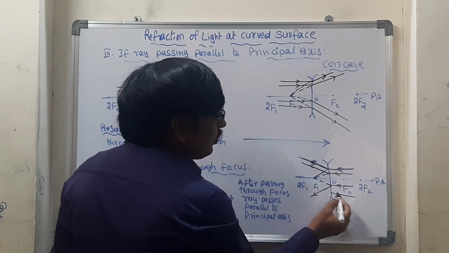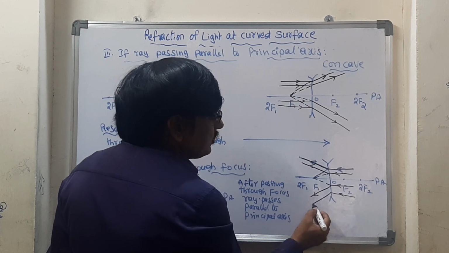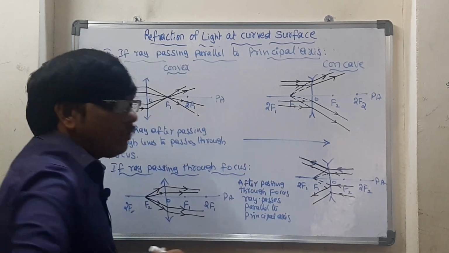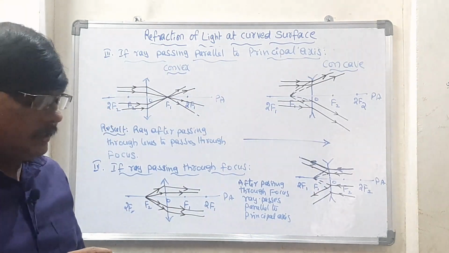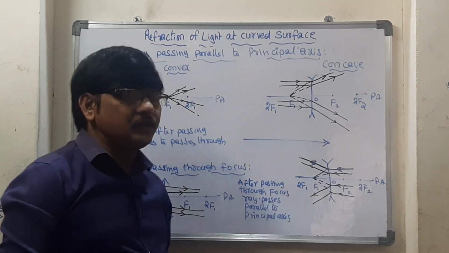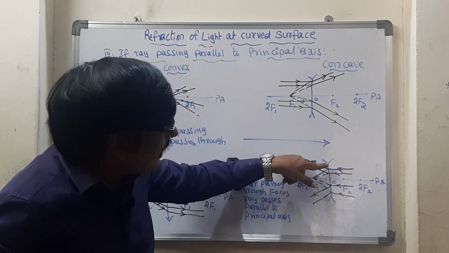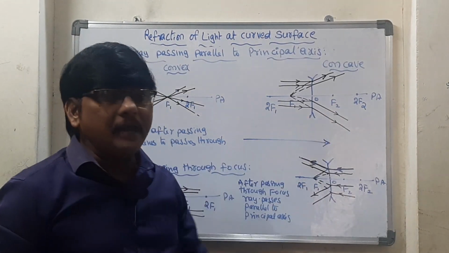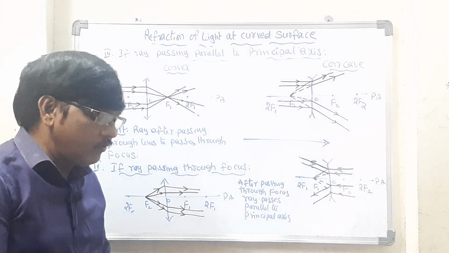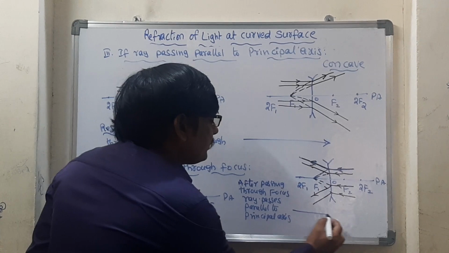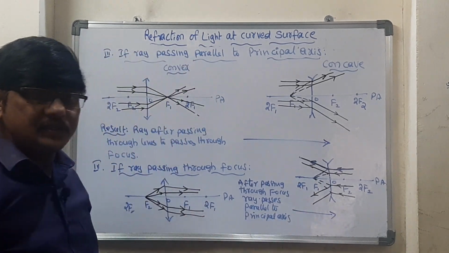Let us take one more ray here also, and we get the duplicate here. So what is the conclusion you can make? Even in this case, if the ray is originating from the focus, after refraction it passes parallel to the principal axis. The same conclusion we can make for this one also.